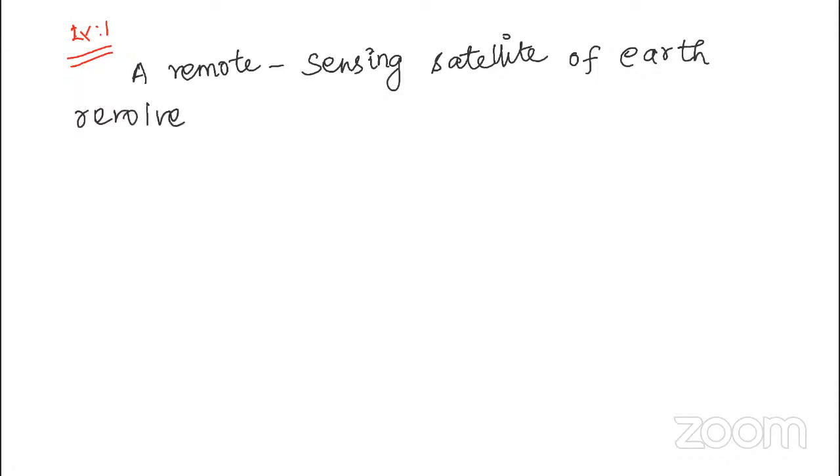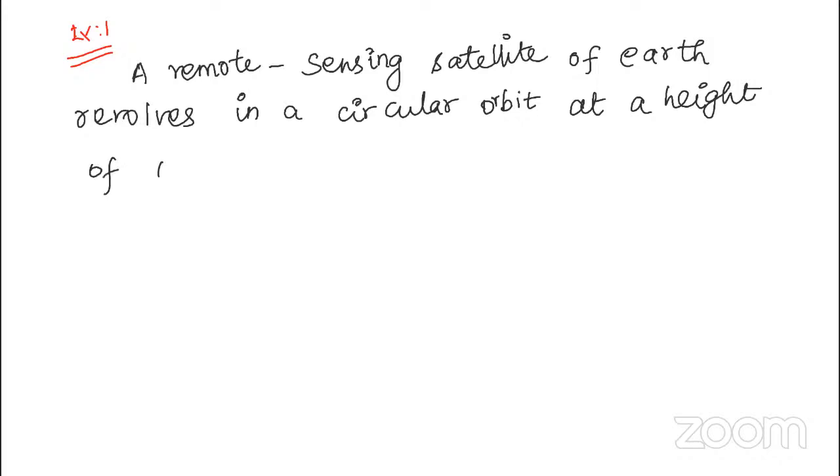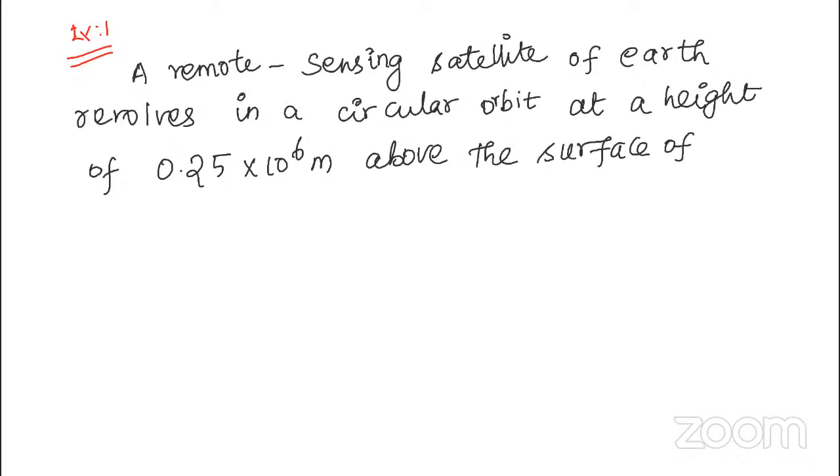Copy the problems in your notebook along with me. Okay, a remote sensing satellite of Earth revolves in a circular orbit at a height of 0.25 into 10 power of 6 meter above the surface of the earth.